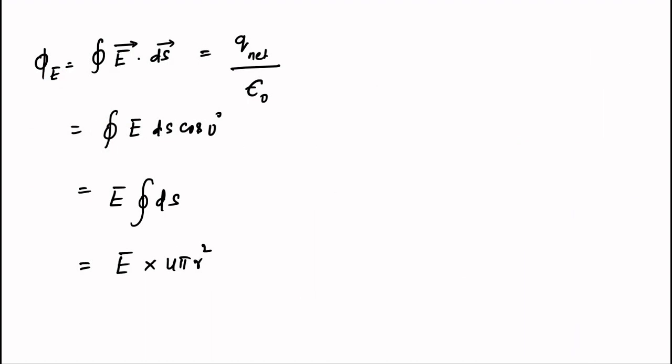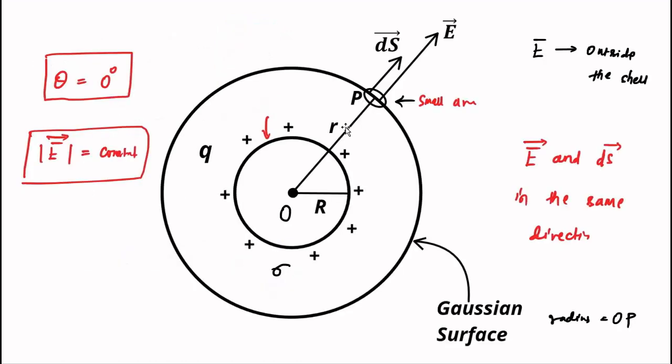But we know, as per Gauss law, this electric flux is also equal to the net charge enclosed by the surface divided by epsilon 0. So this is equal to Q by epsilon 0, because the total charge enclosed within this spherical Gaussian surface is equal to Q. This much positive charge is enclosed within this spherical Gaussian surface.